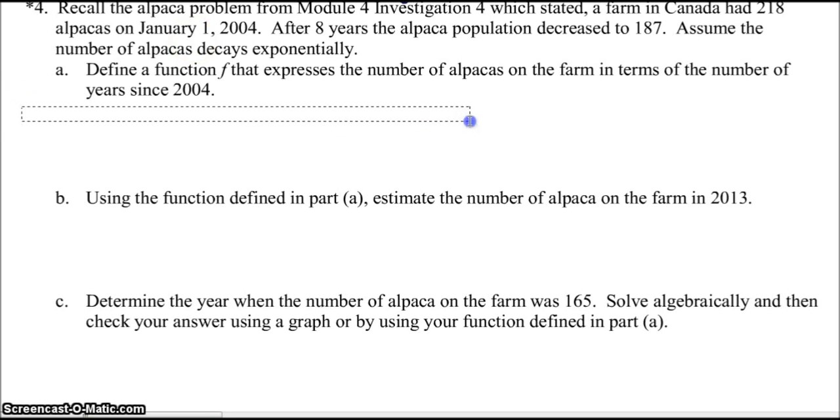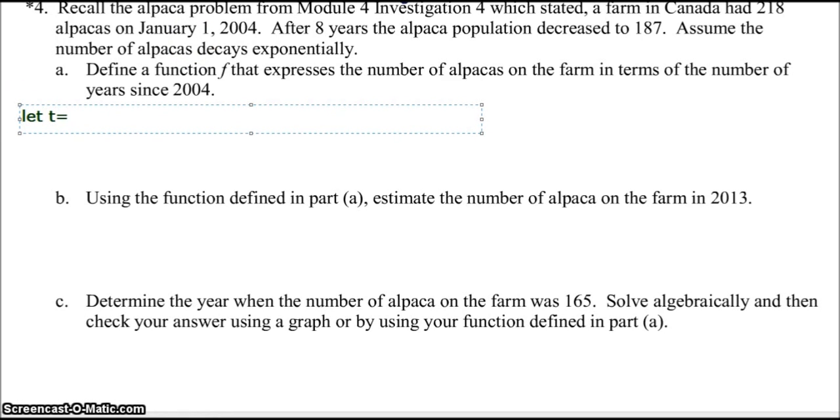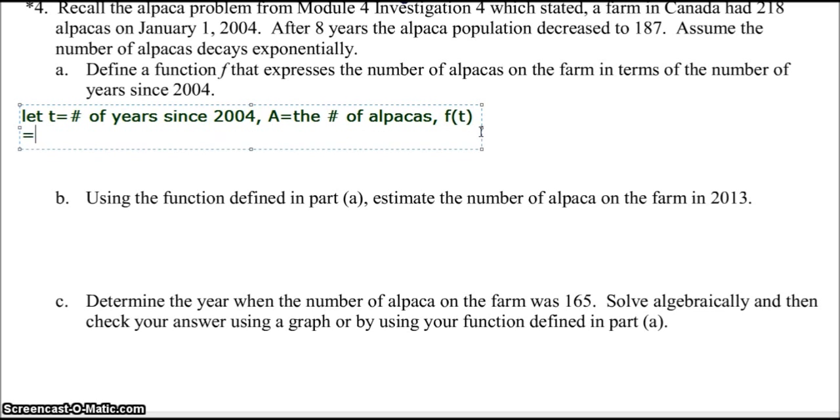So first, let's define some variables. Let t equal the number of years since 2004. Let a be the number of alpacas. And let our function f of t equal a. So notice that we have a couple values. On January 1st, 2004, we have 218 alpacas.